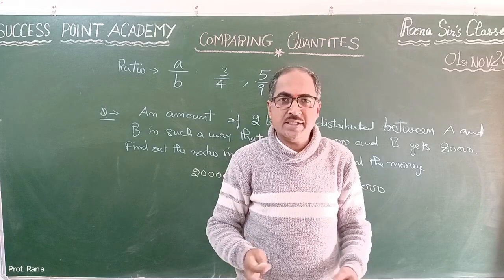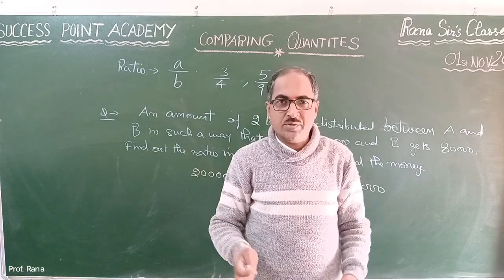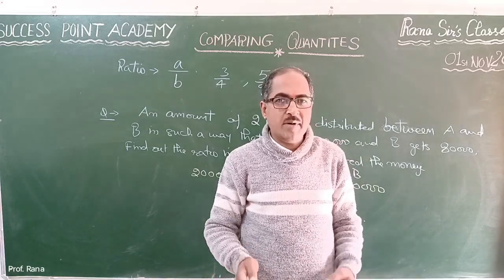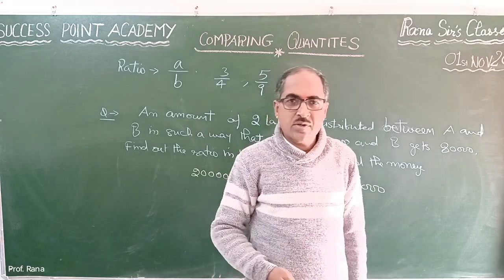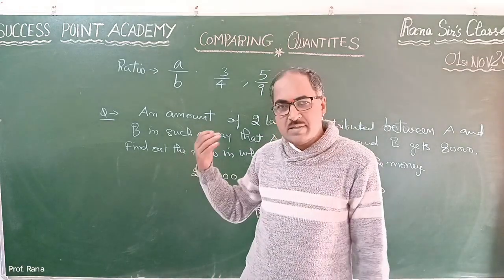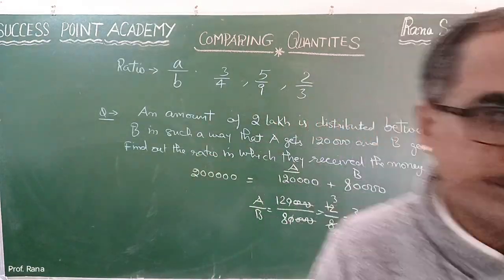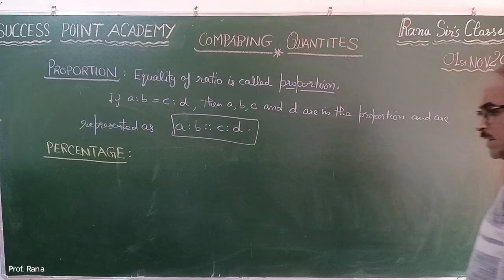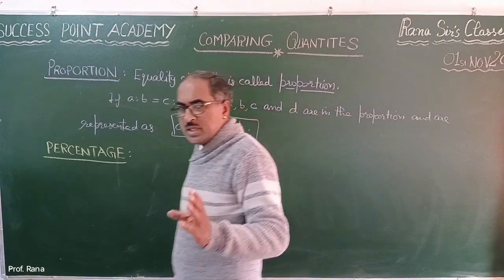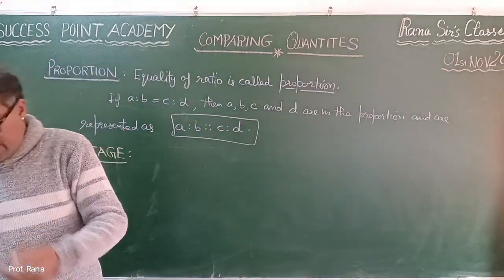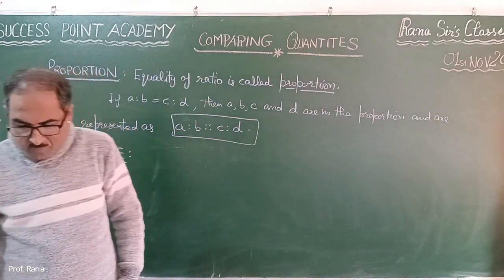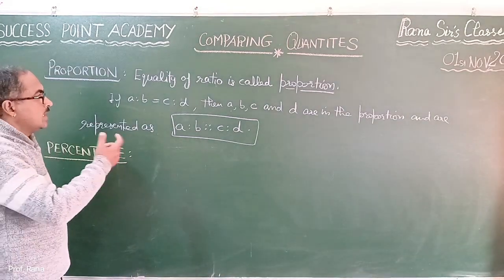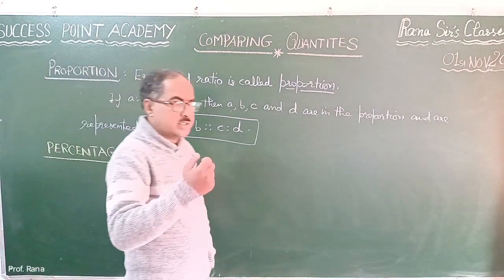We get a quantity in the form of a ratio, or we get an amount in the form of a ratio. So it is done in a simple way, in this way. So students, now proportion. Write down, proportion is what? Equality of two ratios.